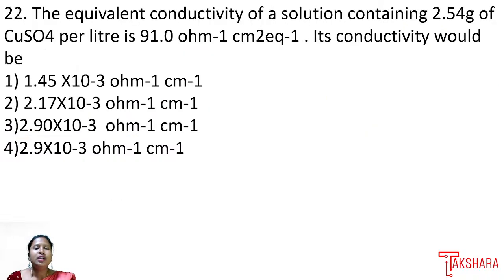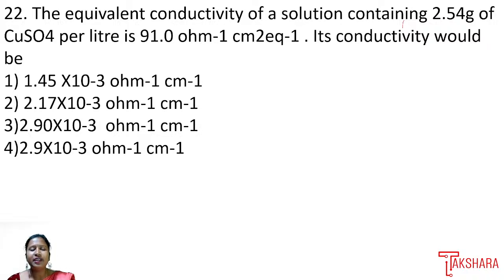Next question. The equivalent conductivity of a solution containing 2.54 gram of copper sulfate per liter is 91.0 per ohm centimeter square per equivalent.